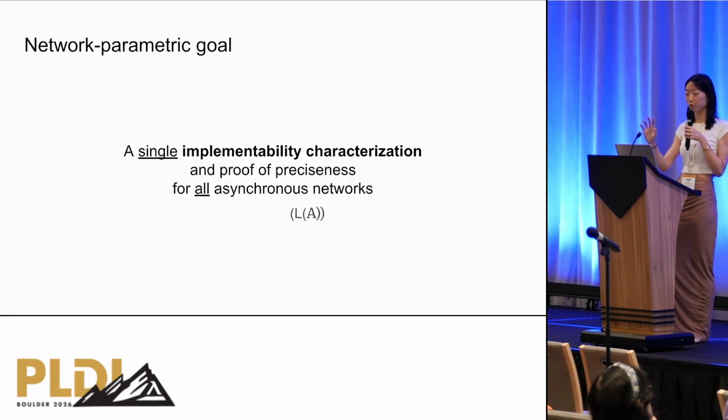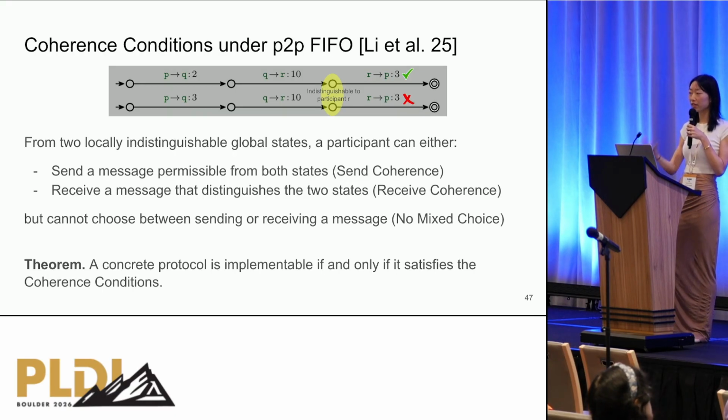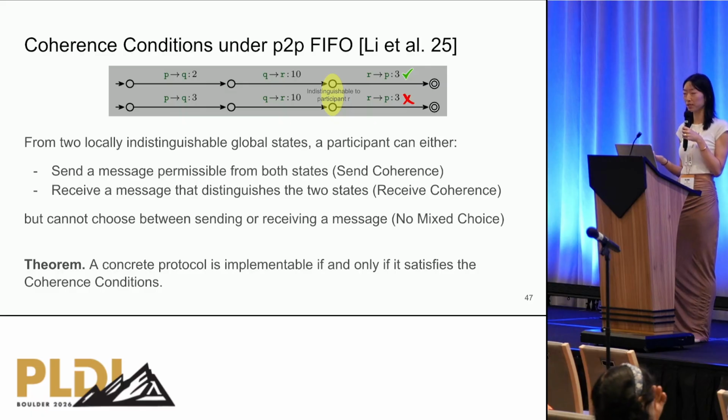Now we want to design this implementability characterization. And our starting point is an existing precise characterization that is specifically for peer-to-peer FIFO communication. In a nutshell, this characterization says that when a participant is in a state of confusion about which of two states it could be in, it is allowed to send a message that is allowed by both states.